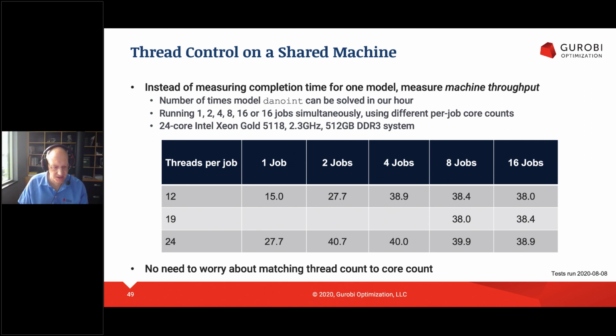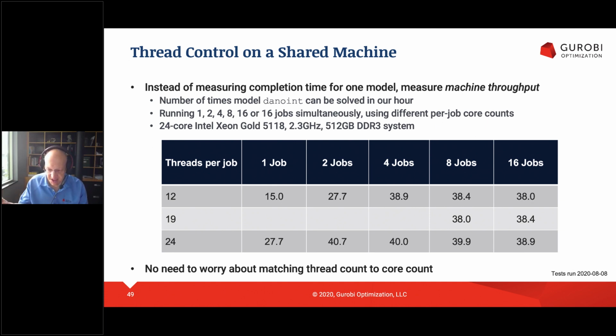And so what you see is, if I run a single job, and I ask for 12 threads, so the machine has 24 and I'm only asking for 12, then that machine is going to solve 15 models per hour. So it's going to pump through 15 jobs per hour. And then if I double the number of jobs, so now I've got 2 jobs, each asking for 12 cores, well, my throughput almost doubles.